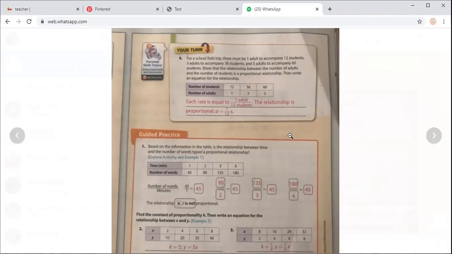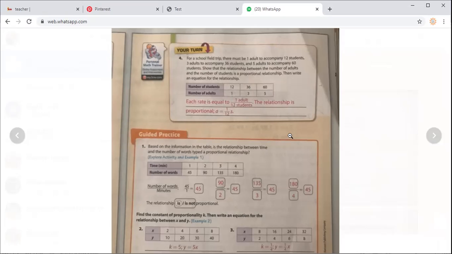One adult with 12 students, three adults with 36, five adults with 60. Show that the relation between the number of adults and the number of students is a proportional relationship. Then write an equation for the relationship.